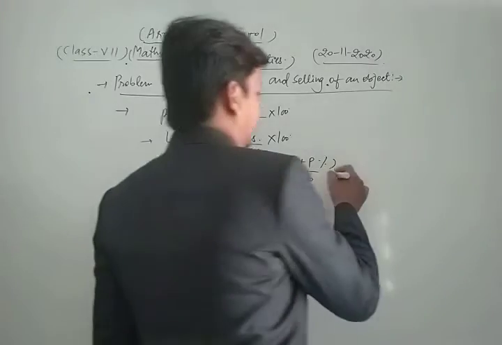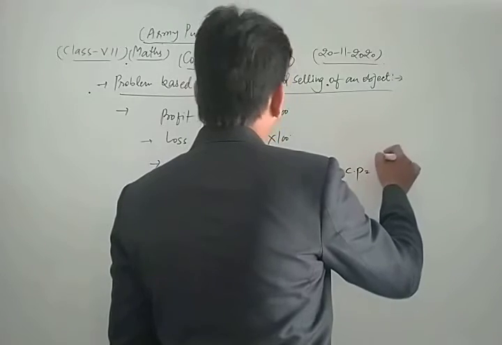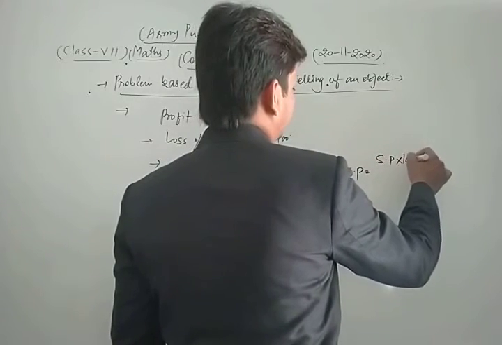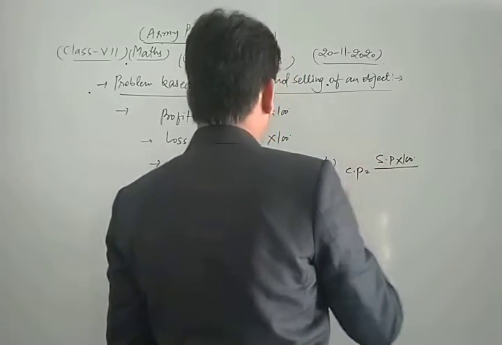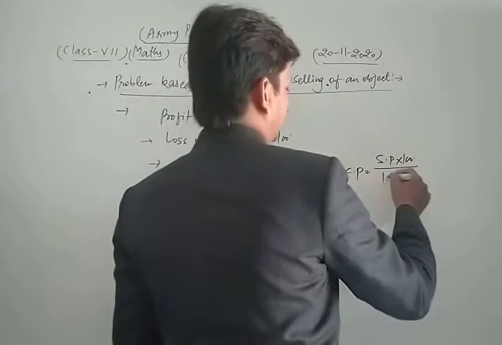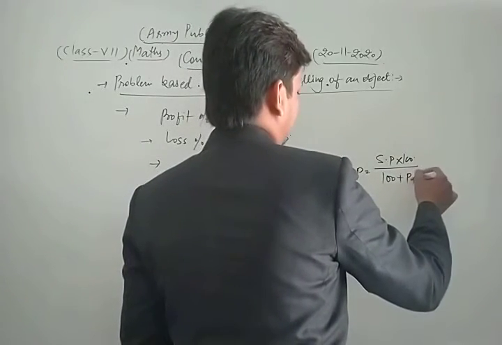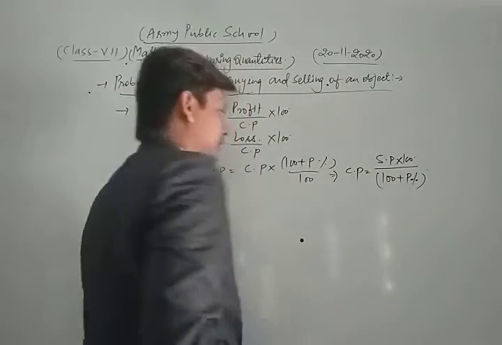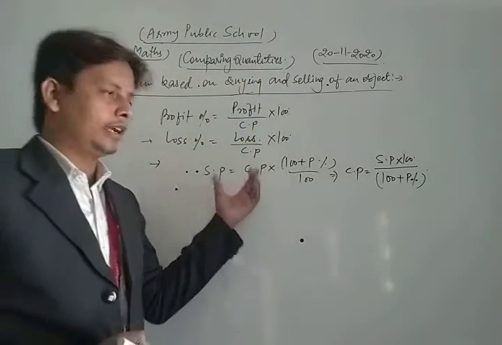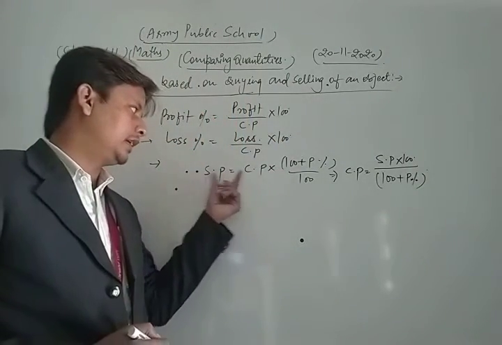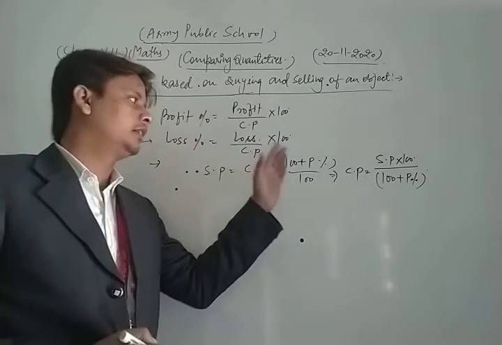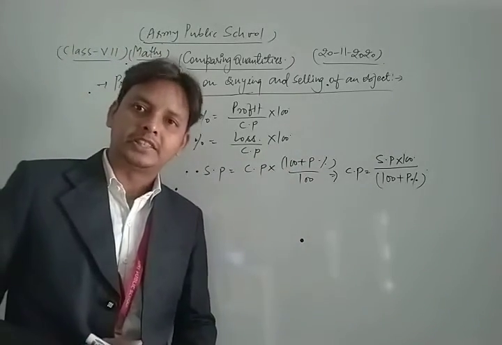From there, the formula for the cost price will be selling price into 100 upon 100 plus profit percent. In this way, with the help of these formulas, we find the selling price as well as the cost price when the profit percent is given.